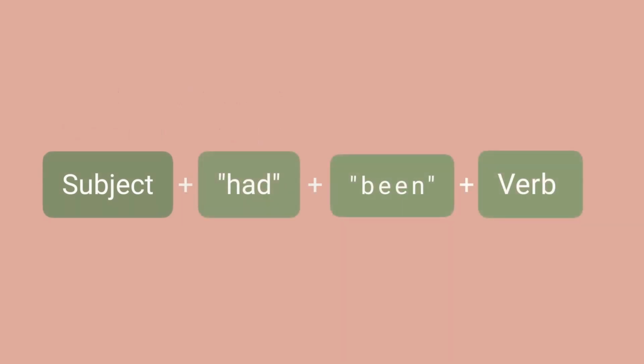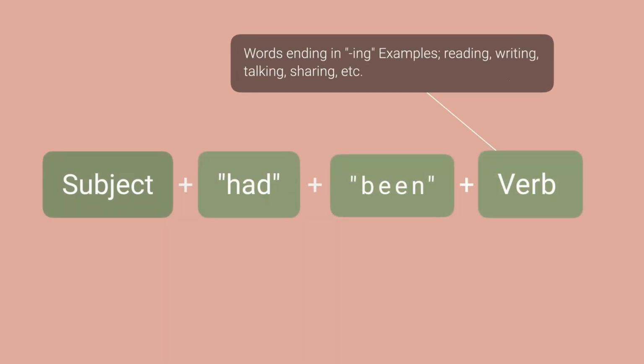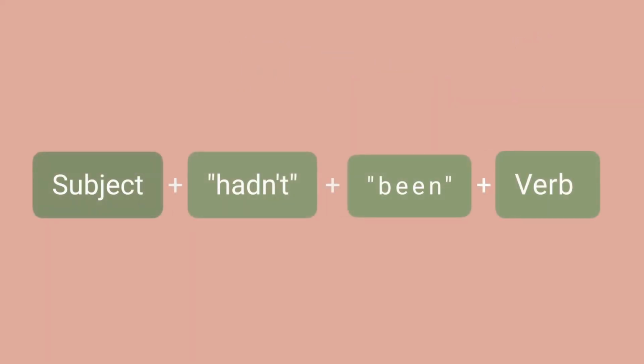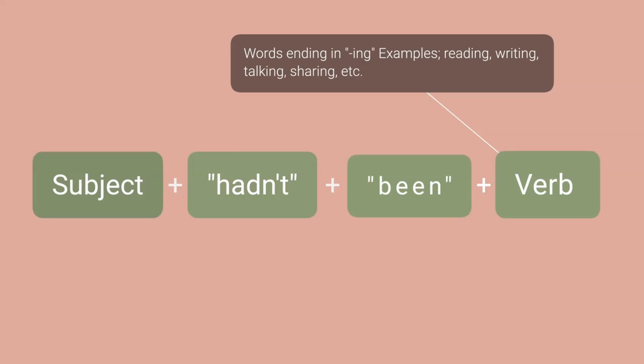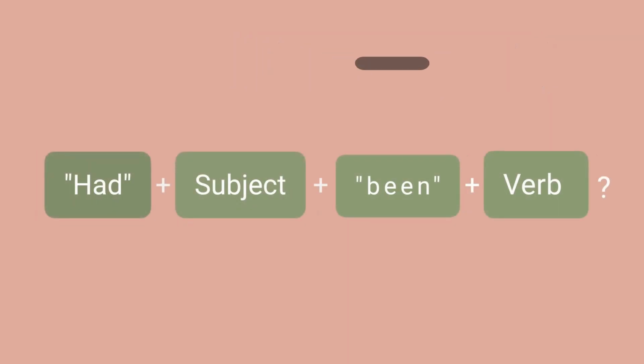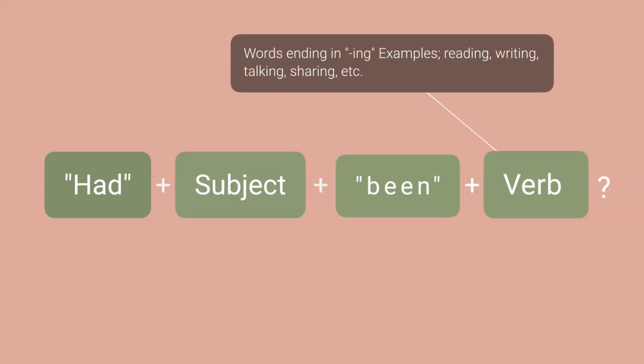It is formed with the subject plus had plus been plus the verb with ing. And the negative, subject plus hadn't plus been plus the verb with ing. And finally, the question form, we have had plus subject plus been plus the verb in ing form.